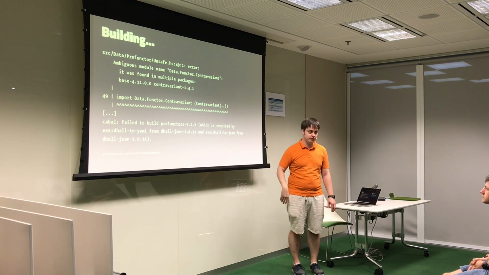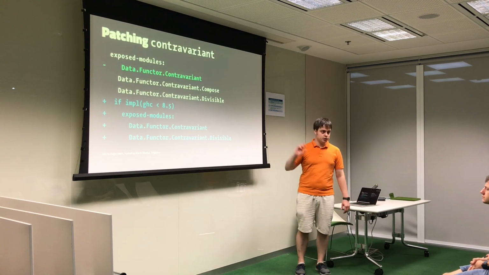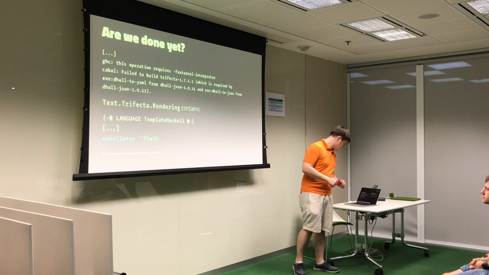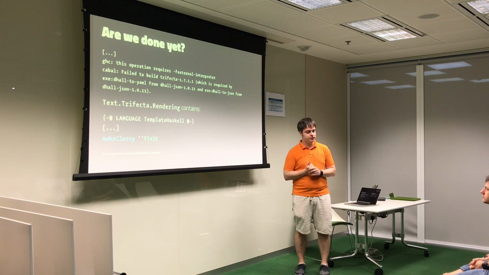Then you see this lovely error. So what do we do? We add version implementation guards, and with that we get a bit further. Now this one says this operation requires an external interpreter. What is the external interpreter? Anyone use that?